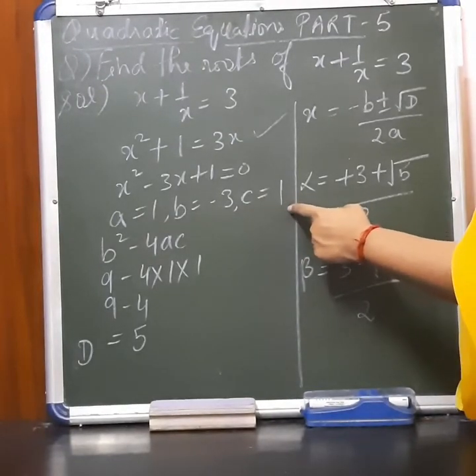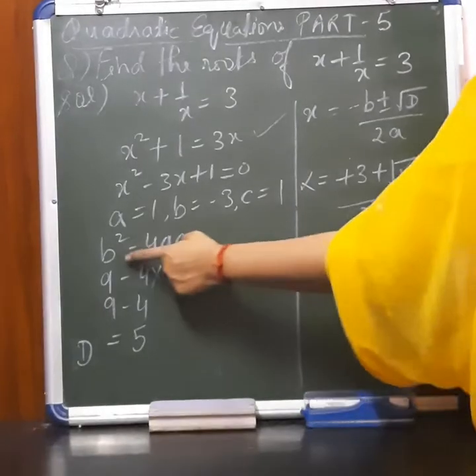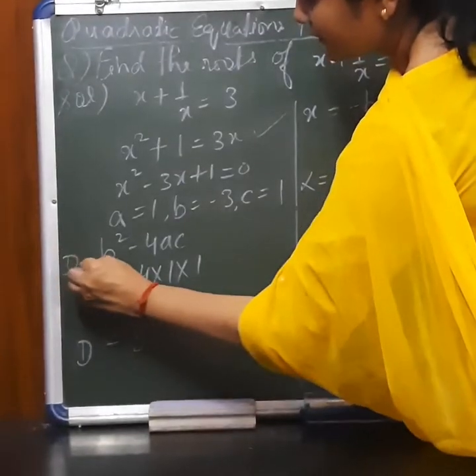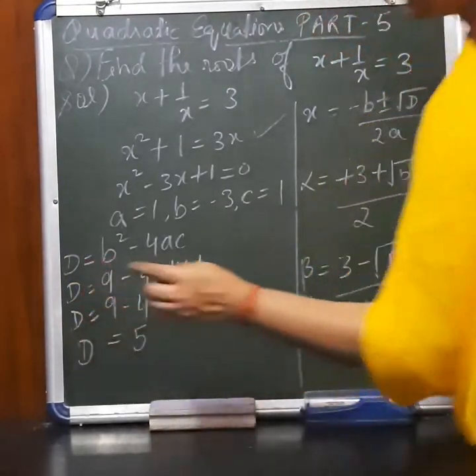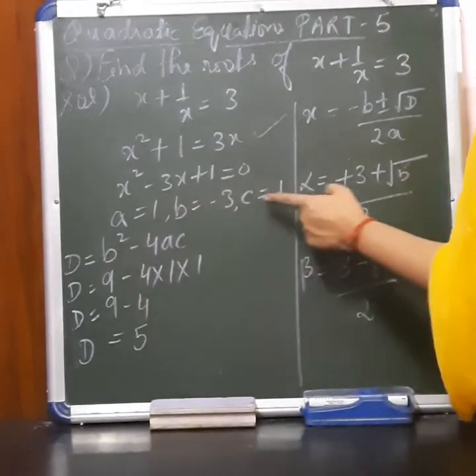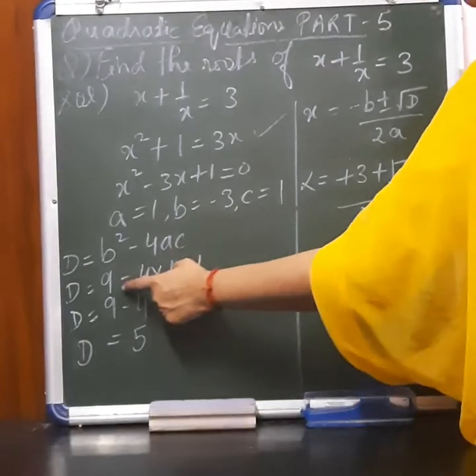Now you have to find the roots by the quadratic formula. So you have to find the value of b square minus 4ac, that is d. So d is equal to b square minus 4ac. What is the value of b? It is minus 3. Minus 3 whole square is 9.